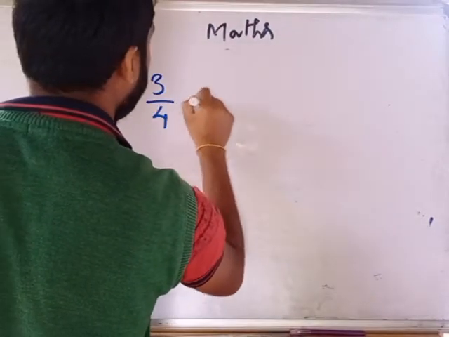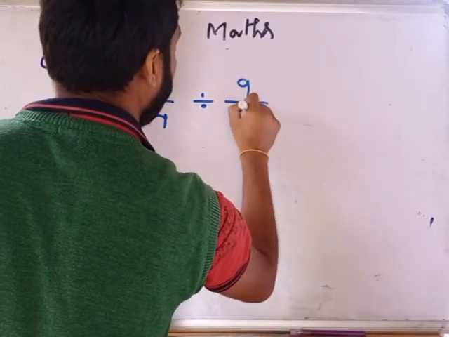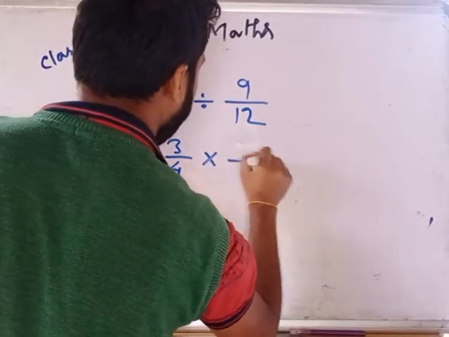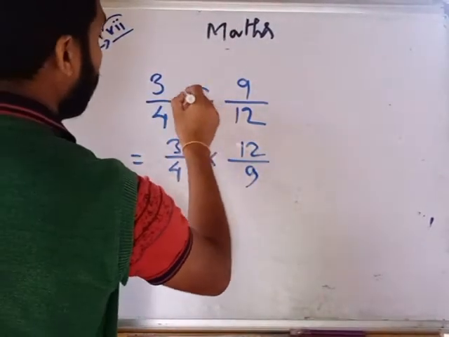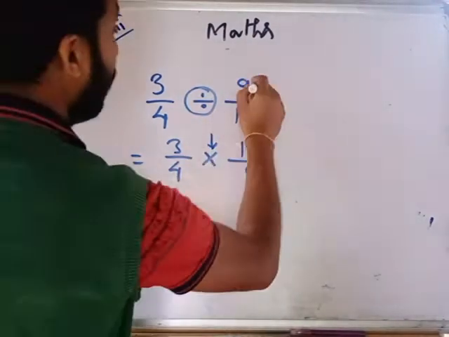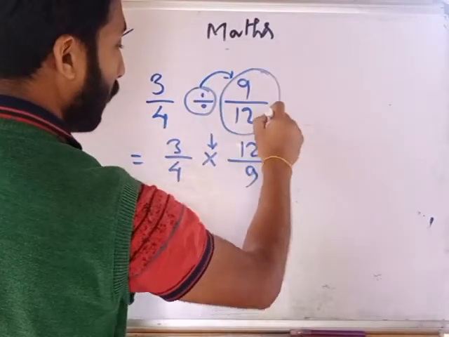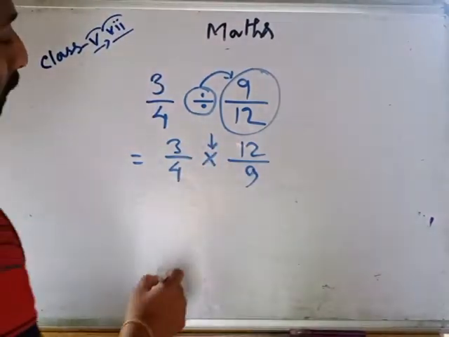3 by 4, if it is divided by 9 by 12, that means it is 3 by 4 multiplying with 12 by 9. This division converts into a multiplication, and after the division sign the fraction we should convert into a reciprocal or multiplicative inverse.